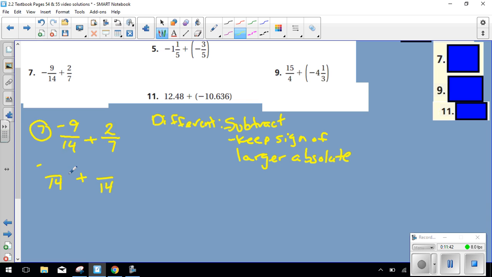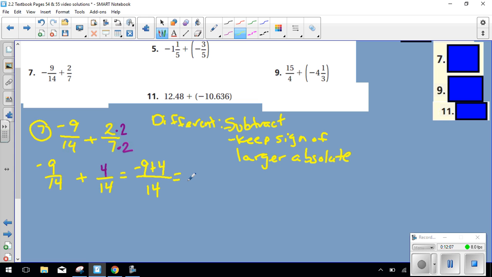This denominator didn't change, so this numerator does not change. For the next one, 7 times 2 gets me to 14. So 2 times 2 is 4. So I keep my common denominator 14, and my numerators are -9 plus 4.